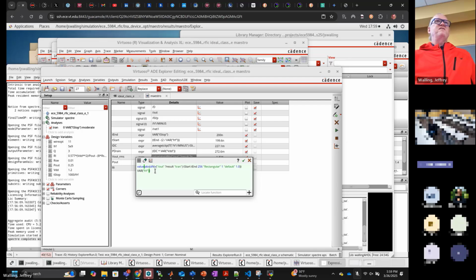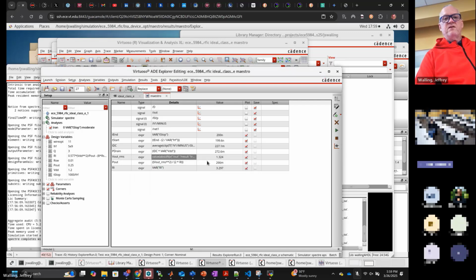It gives me the amplitude of the waveform of the fundamental component. I call it RMS here. That's not right. It should be called amplitude. Fix that.